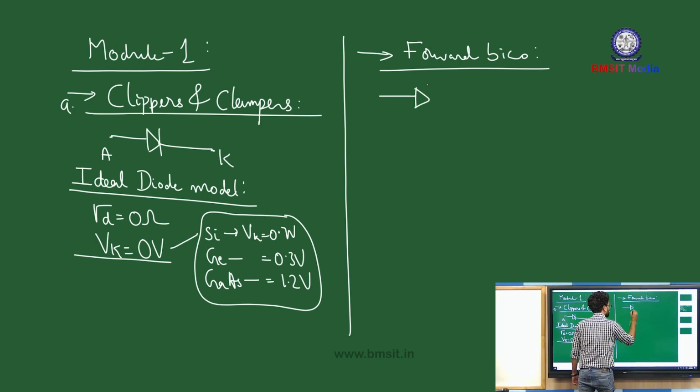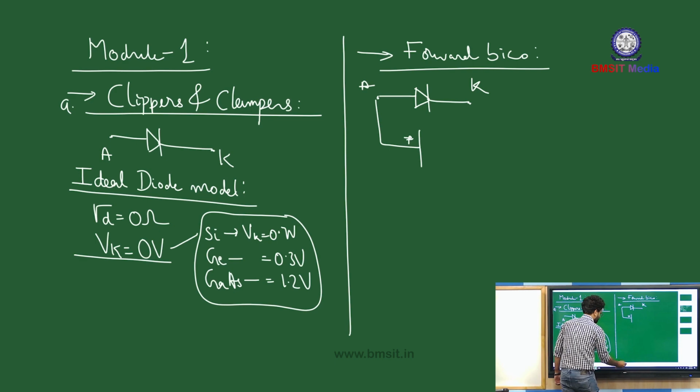In forward bias, the anode terminal of the diode is connected to the positive terminal of the biasing voltage and the negative terminal is connected to the cathode terminal. We will also consider a current limiting resistor R. So positive is connected to anode and negative is connected to cathode. This is called forward biasing.